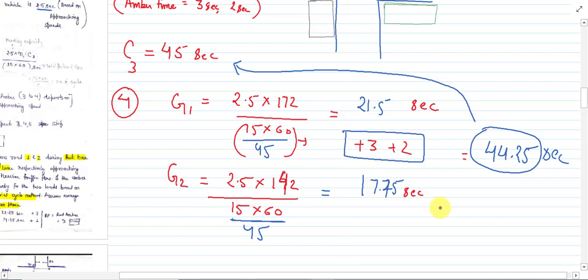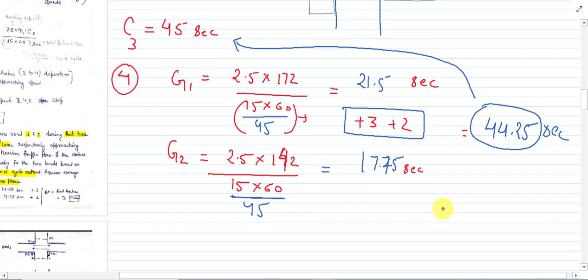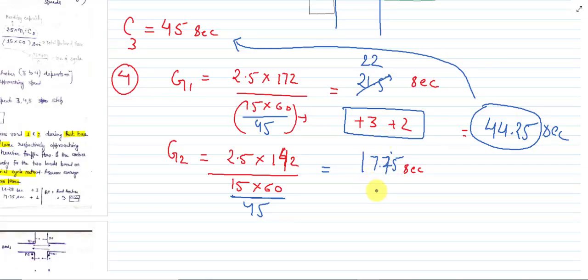Now I am just rearranging these values so that we will get exactly 45. Let's take this value as 22 seconds, and since it is a trial based mechanism, I can change this value to 18 seconds.